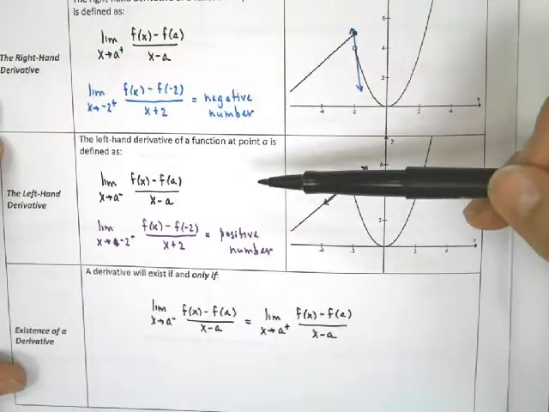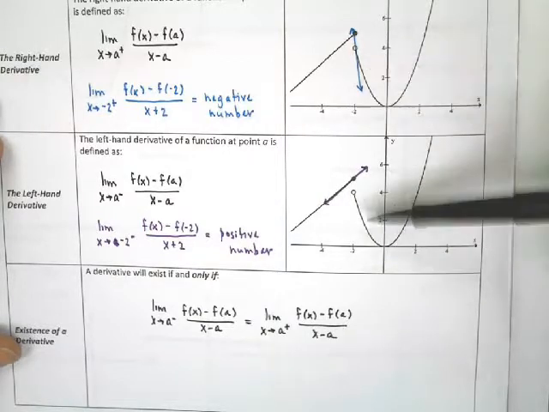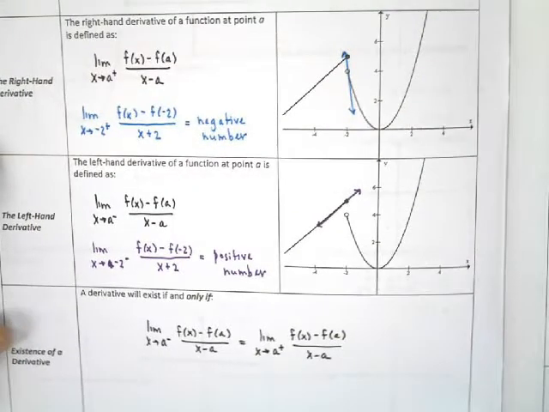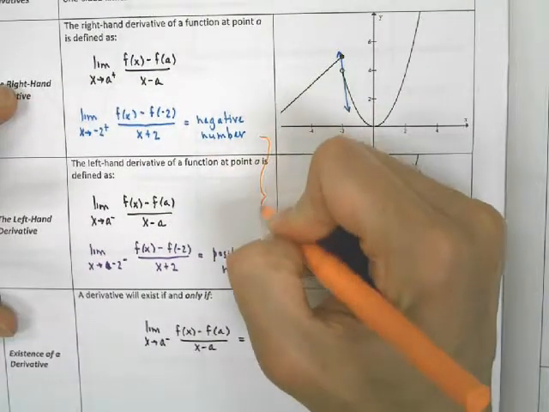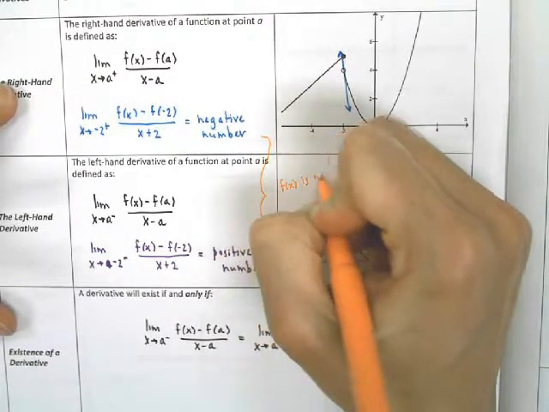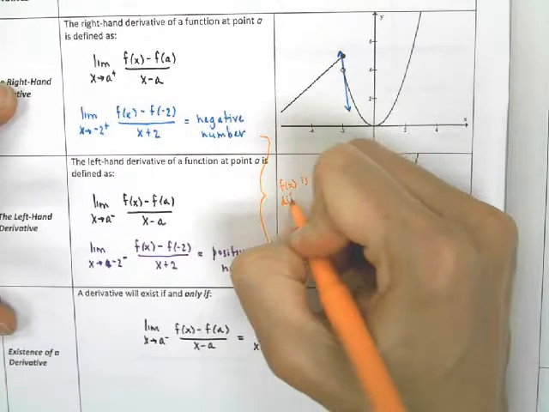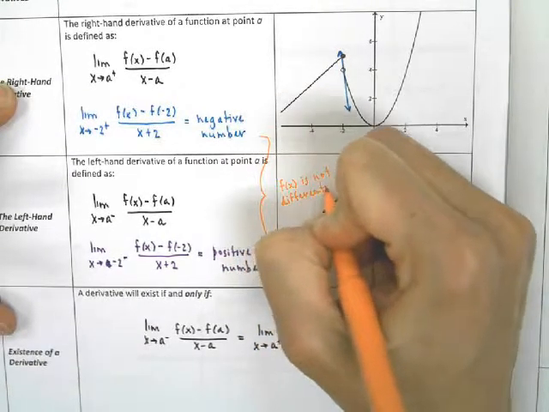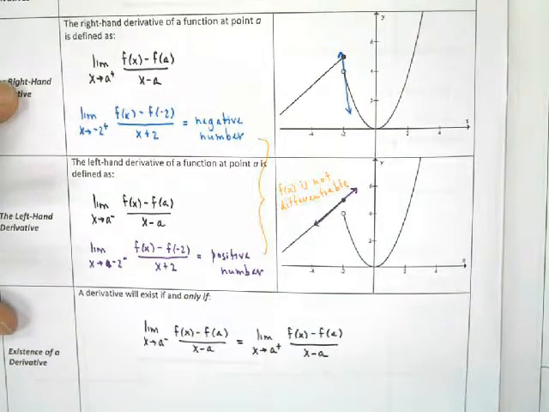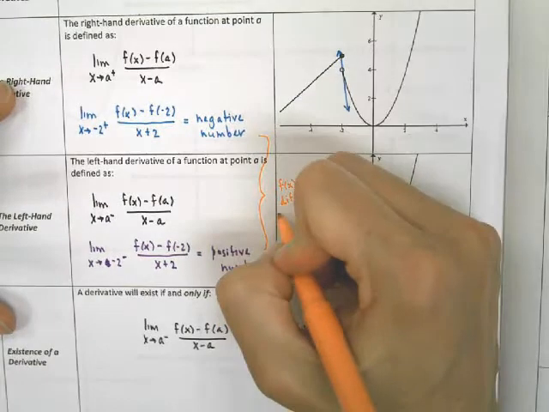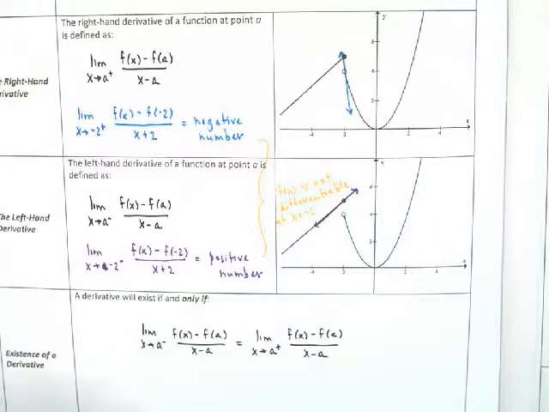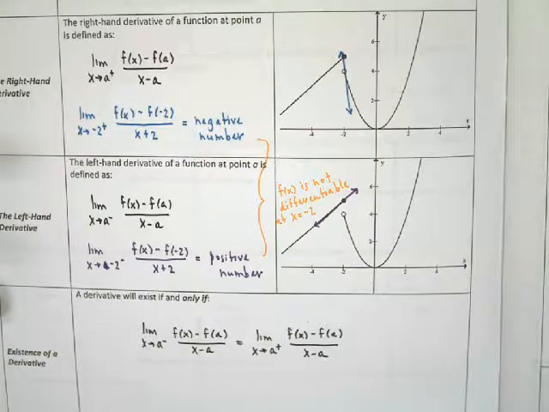I can see from the work we did here that at x equals negative 2, I do not have a derivative. So we would say that our function, f of x, is not differentiable at x equals negative 2 because those left-hand and right-hand derivatives are not the same.